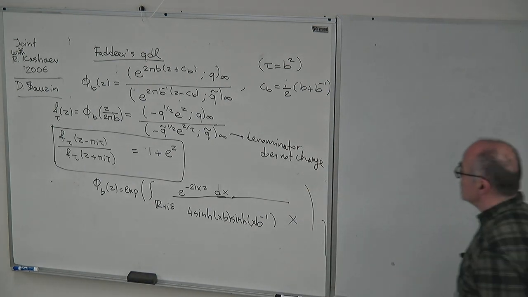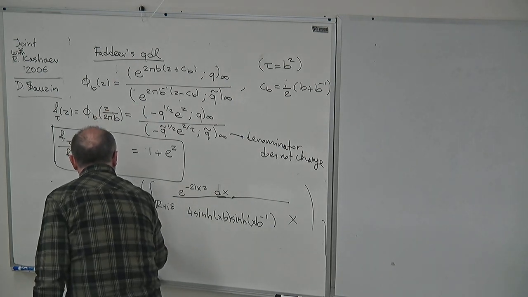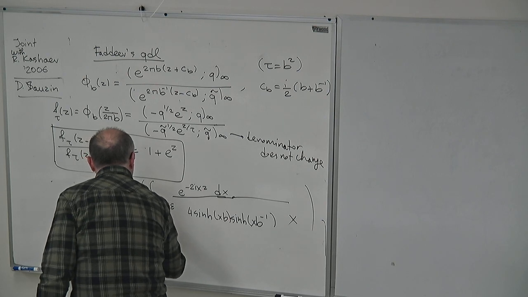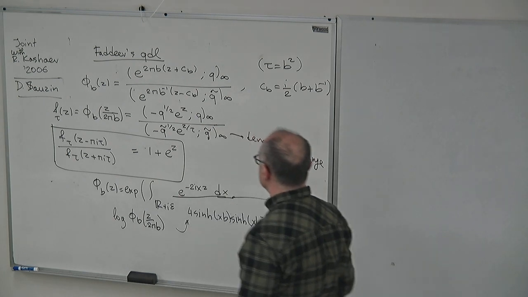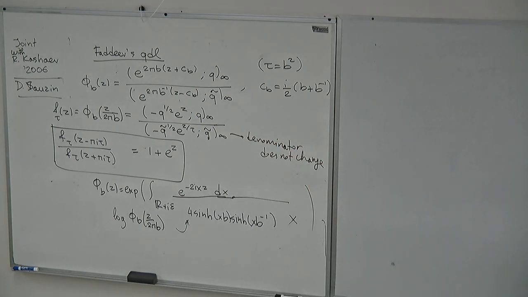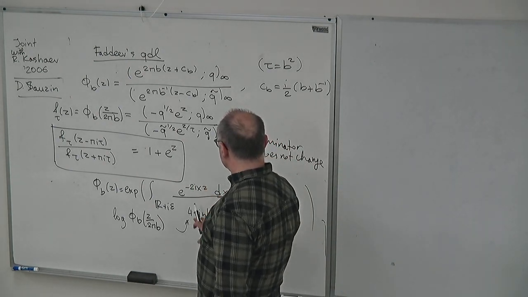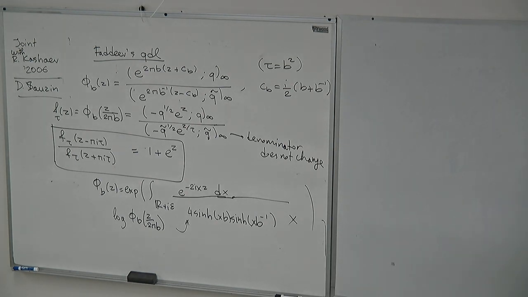And notice what we want to do after all is we want this, which is essentially, up to a change of variables, the integral here. Now what is this integral? This integral is basically the integral of 1 over hyperbolic sines.